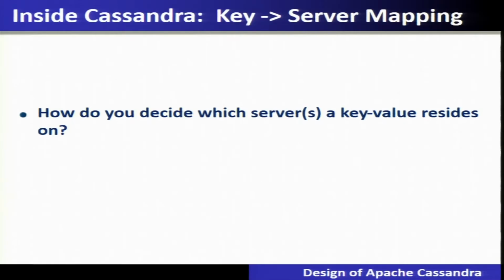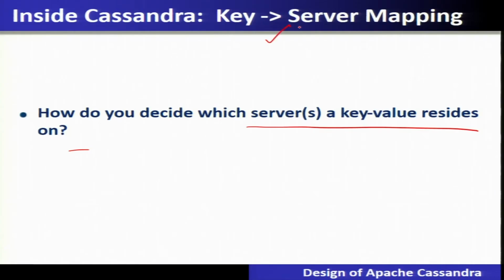So how do you decide which server a key value resides on? The Cassandra data store uses the entire cluster, and an entire cluster means hundreds and thousands of nodes. So the question is, how do you decide which server this key value resides on?